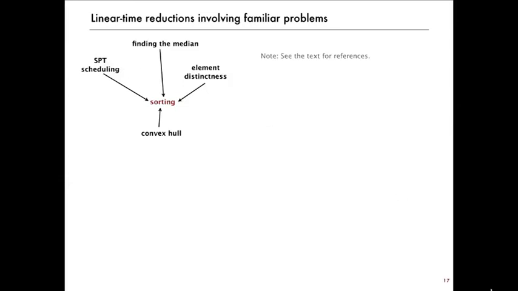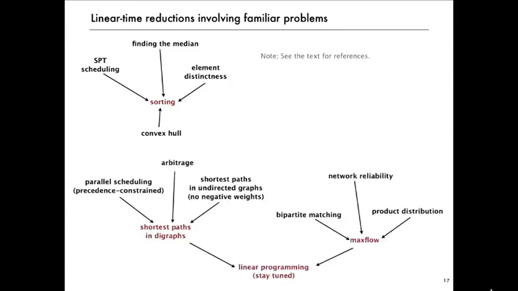So shortest processing time scheduling and lots of other problems are reduced to sorting. And in the graph world, we looked at some pretty complicated problems, arbitrage. We looked at parallel scheduling or the CPM method, and I just talked about shortest paths in undirected graphs, and those all reduced to shortest paths in digraphs.